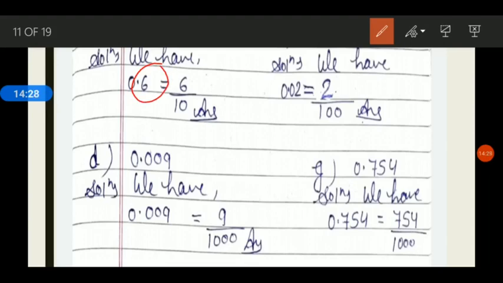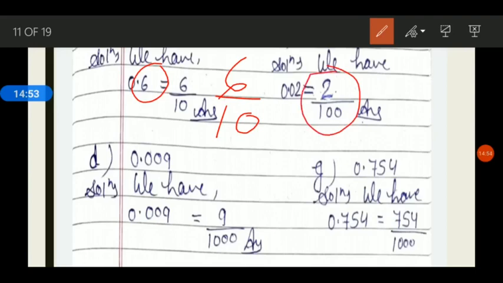It means when you write it as a fraction, you put the same number of zeros as the number of digits. Here in the decimal part there is one digit, it means in the denominator we have only 1 zero, means after 1 we put 1 zero, it means 10, and whatever number is given we write as the numerator, 6.